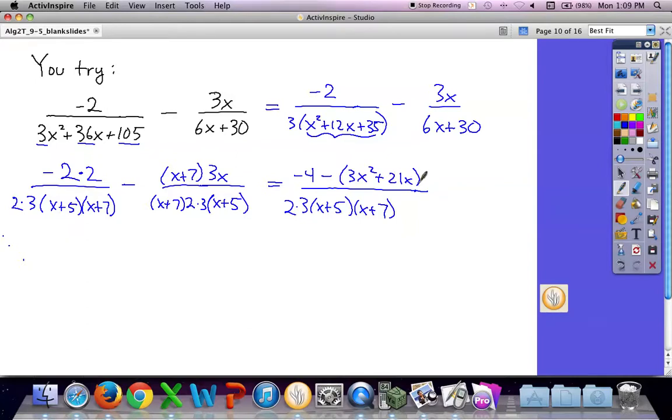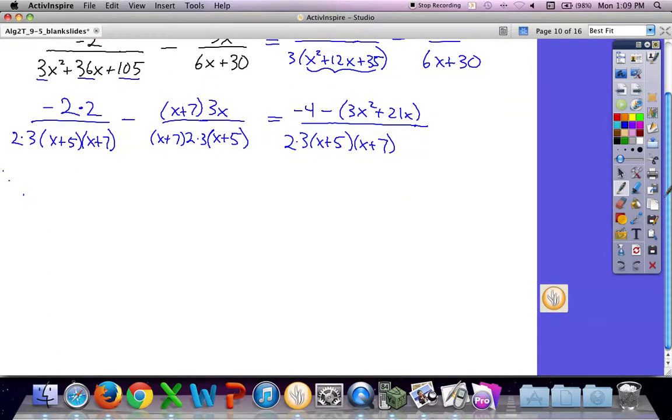All right, next step. Simplify the numerator. This will be -4 minus 3x squared minus 21x divided by 6 times x plus 5 times x plus 7.